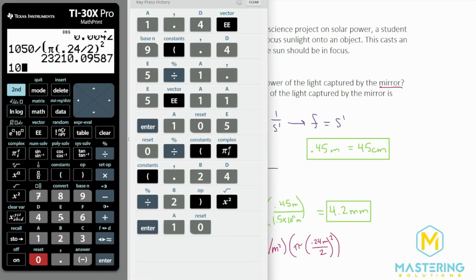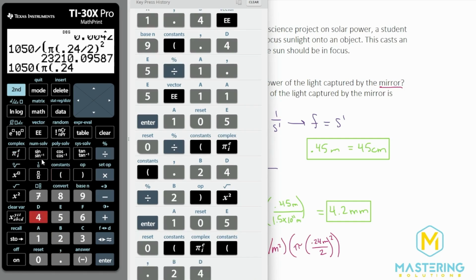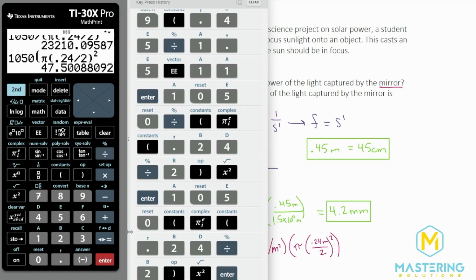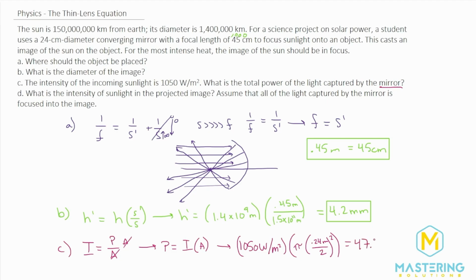So we have 1050 multiplied by pi times the radius, so 0.24 meters divided by 2 squared. So the power captured by the mirror is 47.5 watts.